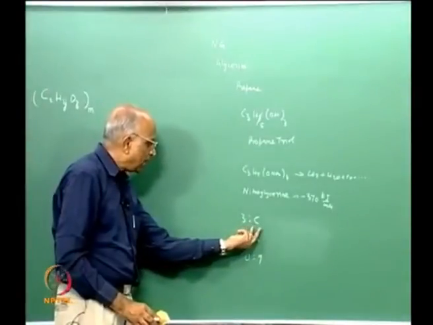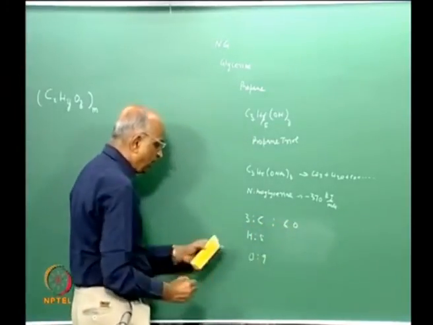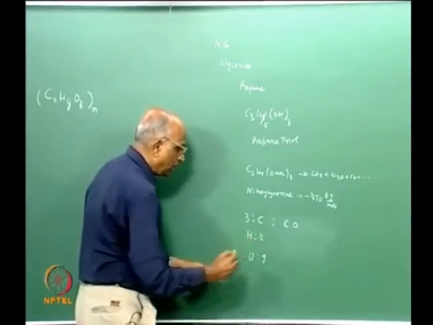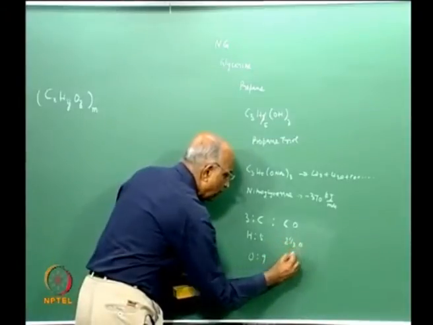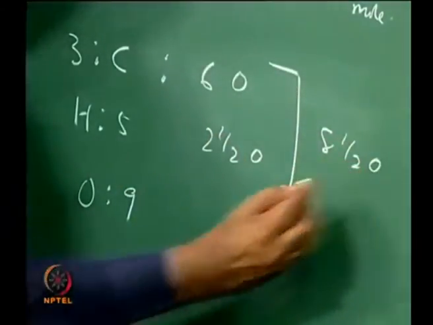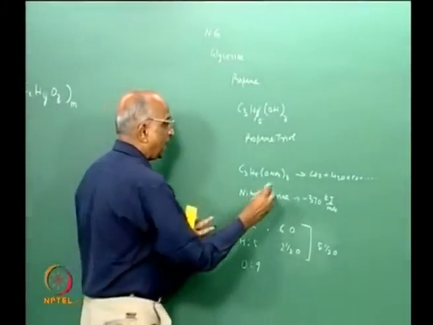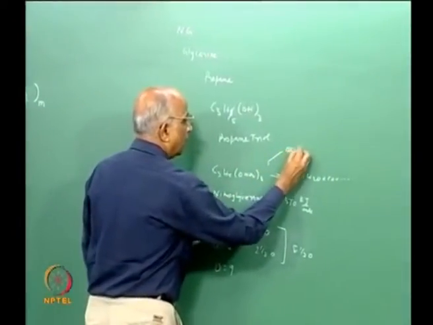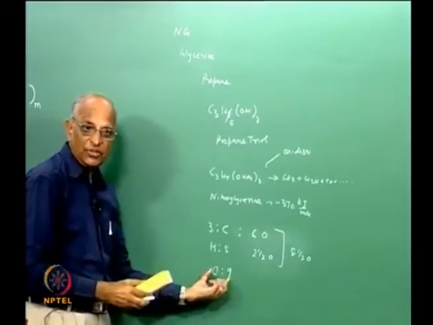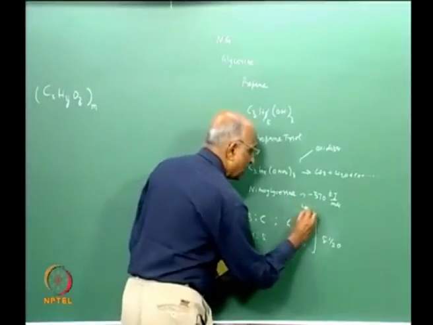If I want all the carbon atoms to form carbon dioxide, well, I need something like 6 O. If I want to oxidize all the 5 atoms of hydrogen to form water, well, I need 2.5 O. And therefore, all what I require for complete oxidization is 8.5 O. But I have 9 O. Therefore, nitroglycerine could still act as an oxidizer. Even though it is an explosive, it has still balance oxygen left, which can still be used for oxidizing, and nitroglycerine, we say, is an oxidizing agent.